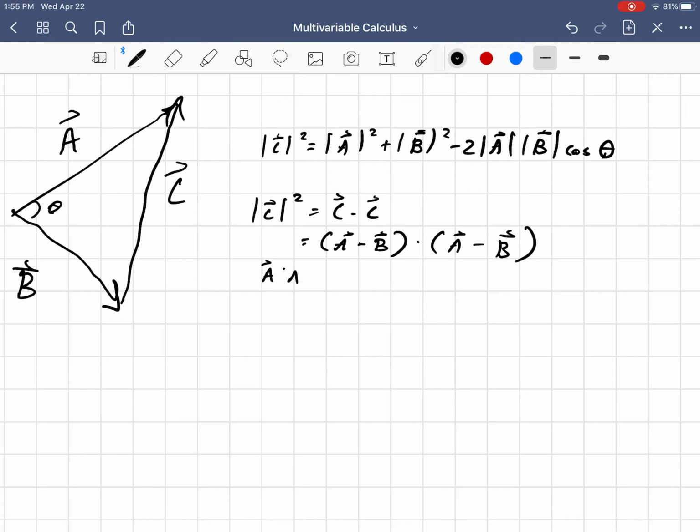And now if we're to actually do this dot product, then what we get is using literally the distributive product. I mean, we're taking an actual product here.